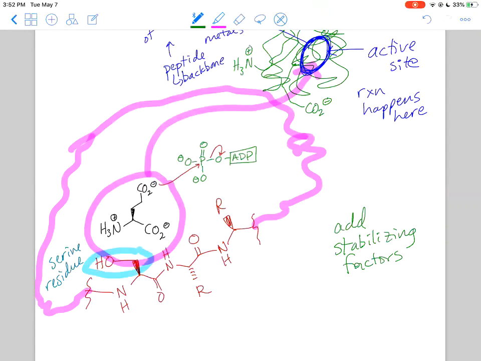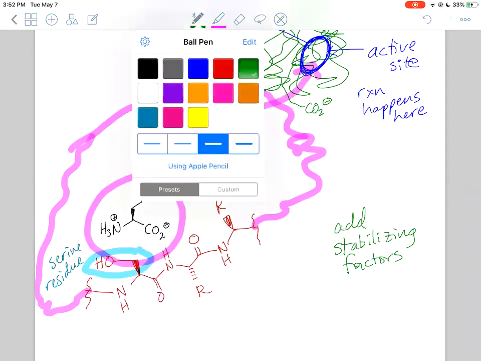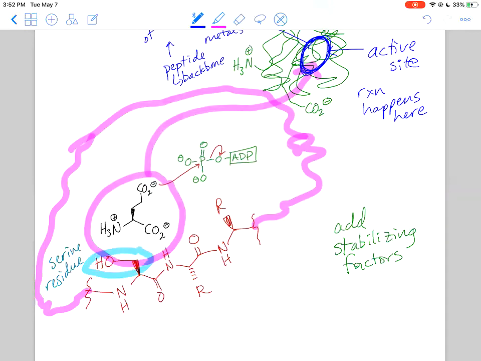And because I set up the peptide backbone the way that I did, I can go ahead and draw that there could be some hydrogen bonding, H bond, in between the oxygen of that serine residue and the hydrogen of that NH3 group. I could also have hydrogen bonding in between one of the oxygens of the carboxylate group there and the peptide backbone.